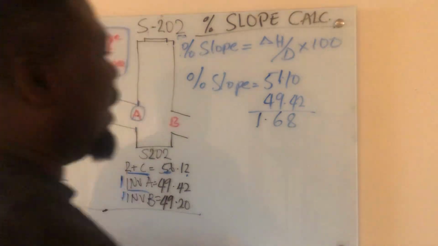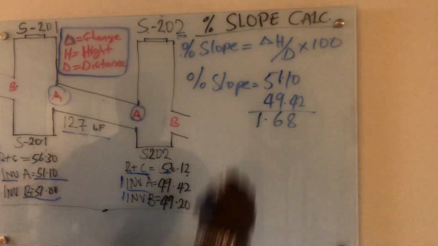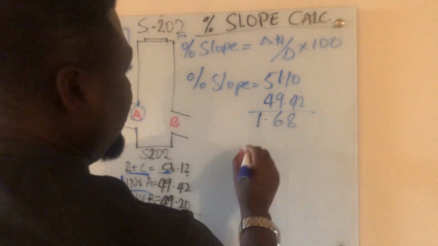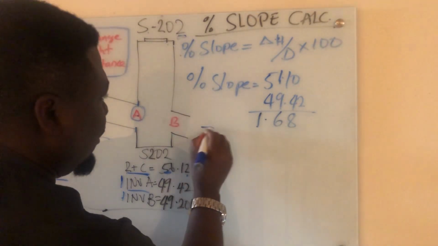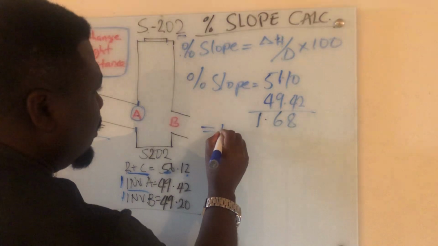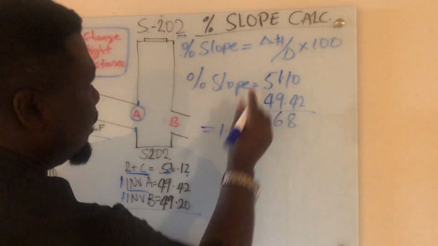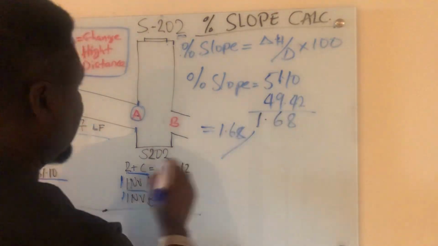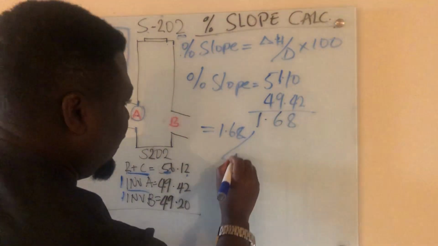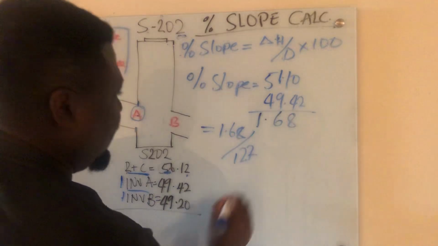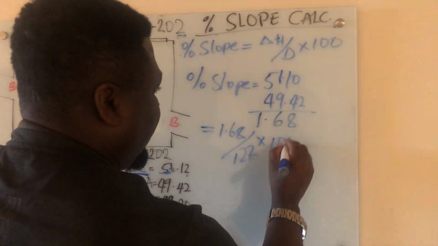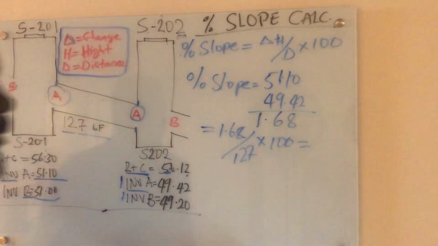My change in height will be 1.68. And this 1.68 is going to be replacing the delta H here. And then we are going to be dividing. So we have 1.68 divided by the D, which is the distance, which is 127 here, multiplied by 100. All right. So what will be my answer here?